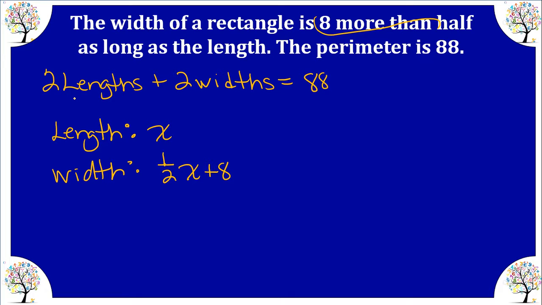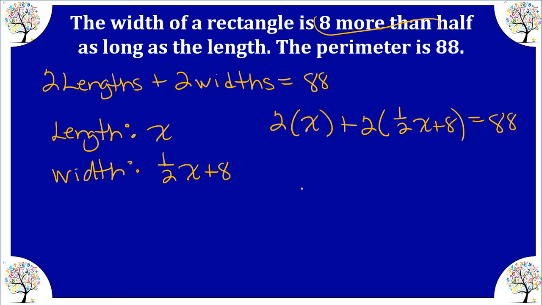Now we're going to substitute in our formula. We're going to have 2 times the length, so that's 2 times x. I have 2 widths. Width is 1/2 x plus 8, equals 88. We have to distribute to dissolve our parentheses. 2 times 1/2 is 1, so 1x plus 16 equals 88. Combine like terms.